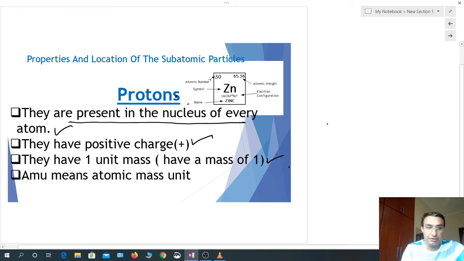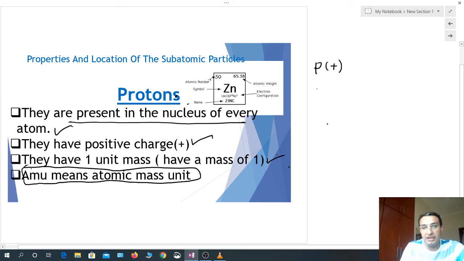You may ask what does 1 unit mass mean? It is atomic mass unit. So what we understand simply about protons, first of all, protons have positive charges, they have 1 atomic mass unit, and they are present in the nucleus.